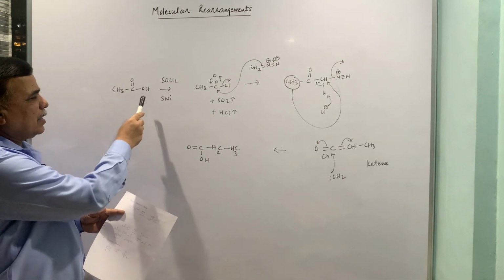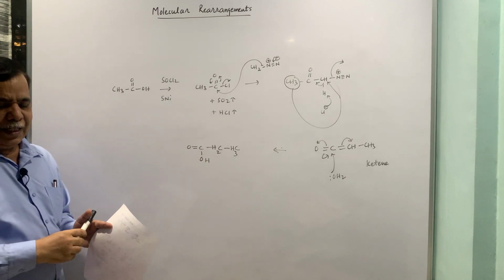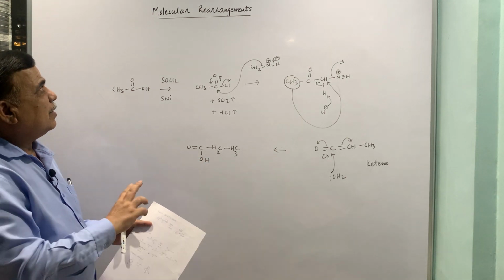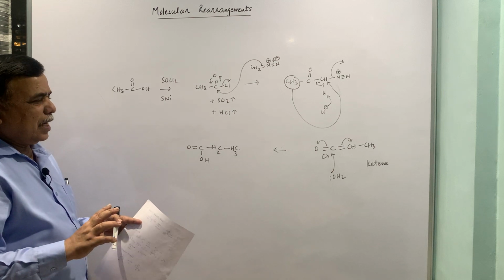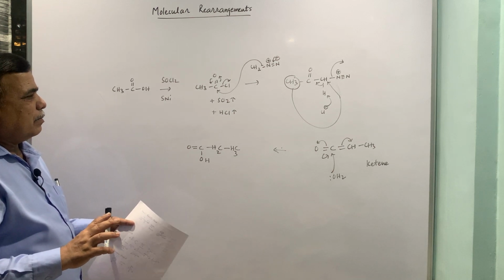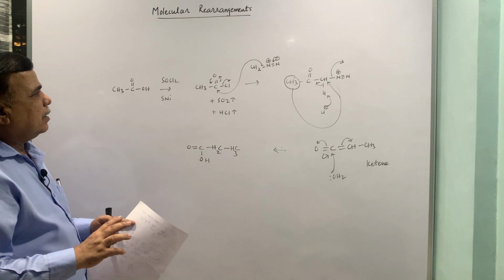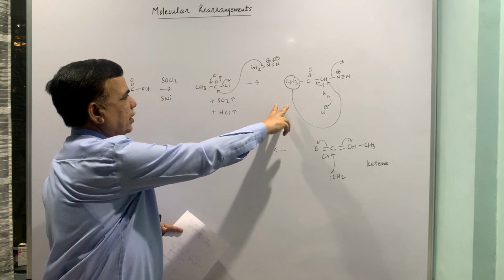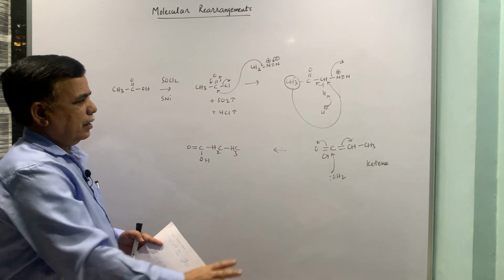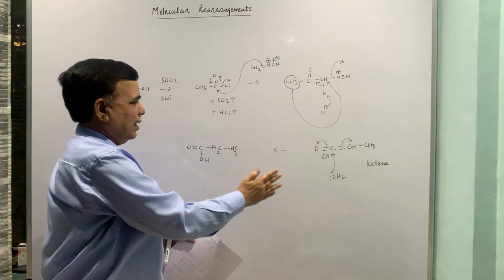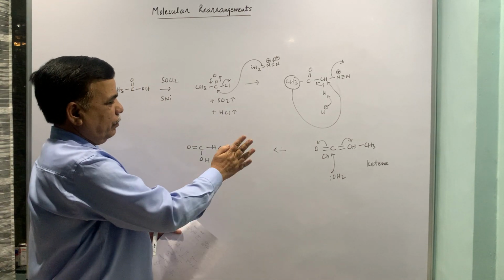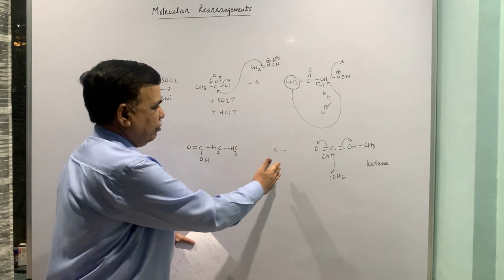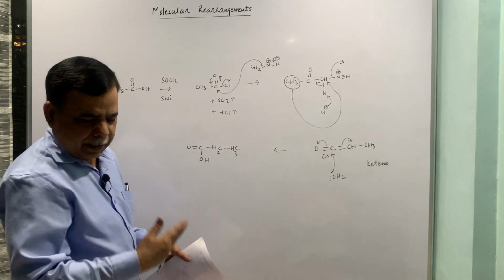You are starting with acetic acid, you are ending with propanoic acid, and that is what the Arndt-Eistert synthesis is. The Wolff rearrangement is this one. When acid chloride is treated with diazomethane, you get ketene, and depending upon the nucleophile you can get different products. If I use alcohol, I will get ester and so on.